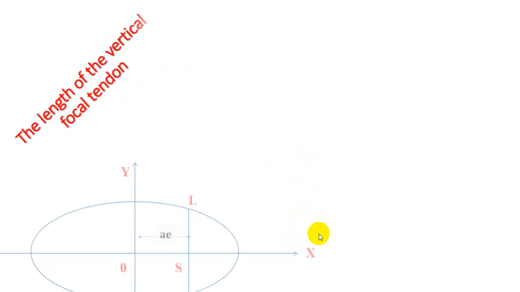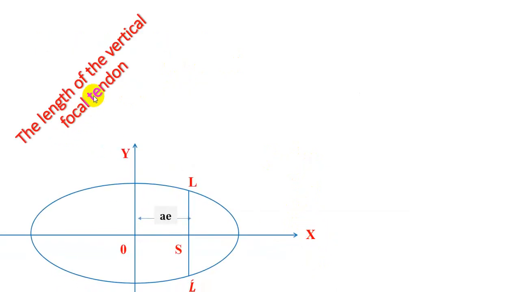Okay, let's see the length of the vertical focal chord. It is away from Y by the distance ae.